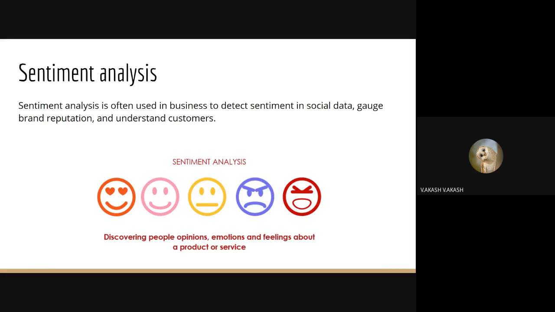Businesses want to understand the emotions and opinions of the users. So NLP and statistics can be used to assign values to text such as positive, negative, or neutral, and also identify the underlying mood of the writer, whether they were happy, sad, or angry.